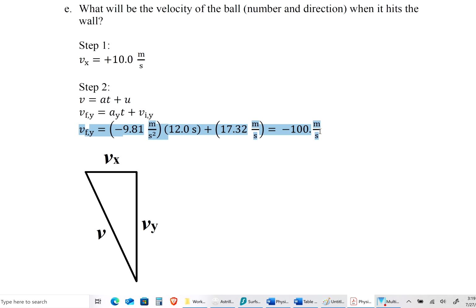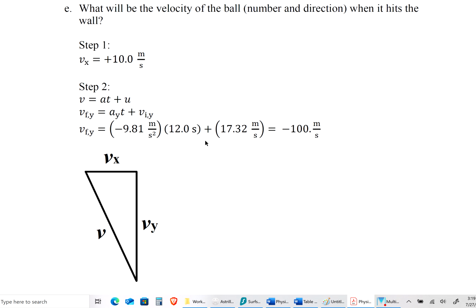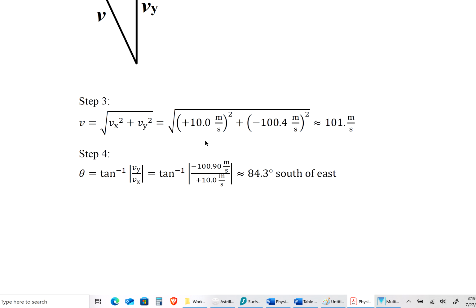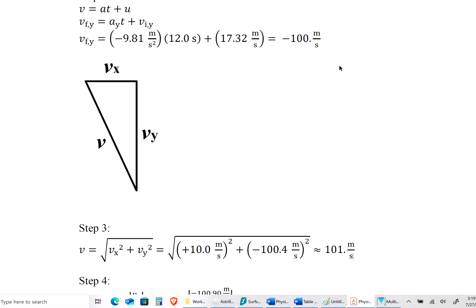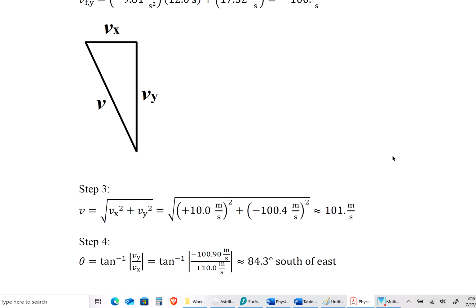Find v sub y when it reaches the wall. We have a triangle that looks like this. V sub x is positive, v sub y is negative. We could obtain the magnitude, which is 101, and the direction, which is south of east. It's south of east because v sub x is positive, v sub y is negative.